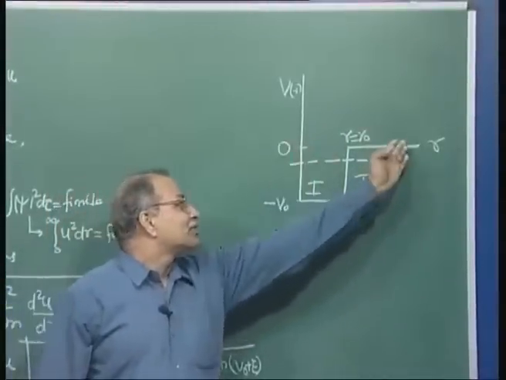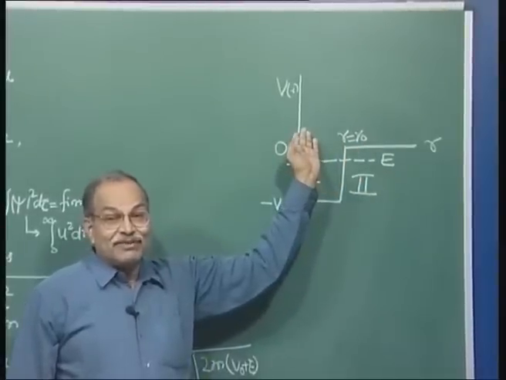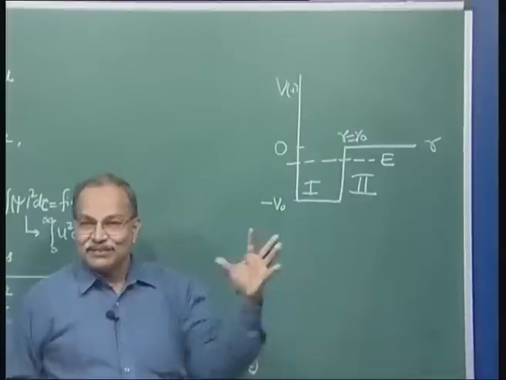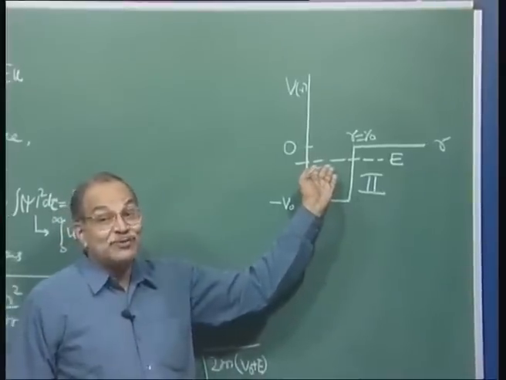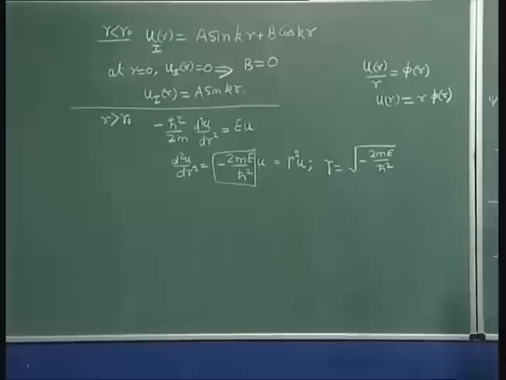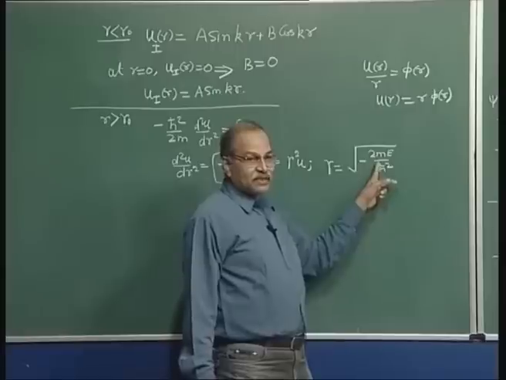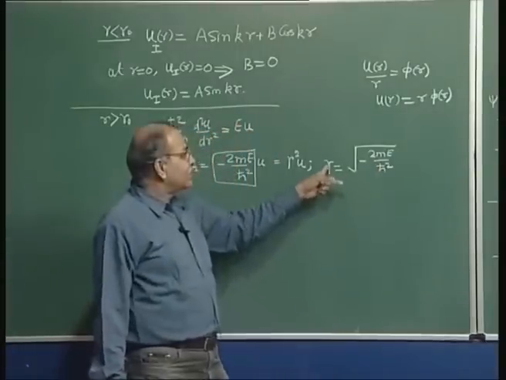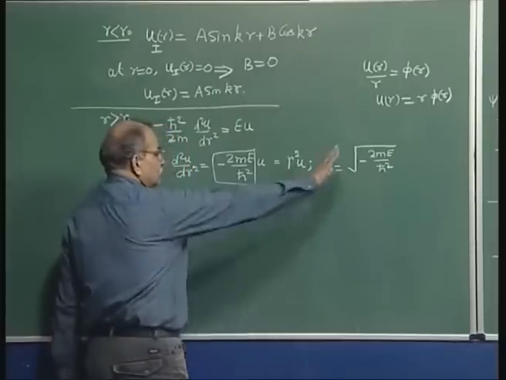This is your 0 level; it is a bound system. If I start with E equal to 0 for separated nucleons, the bound system will have lower energy, it is negative. So E is minus 2.225 MeV. E is negative, and therefore this whole thing is positive and is the square root of a positive quantity. So it is real. That is why I have written in this fashion: k is also real and gamma is also real.